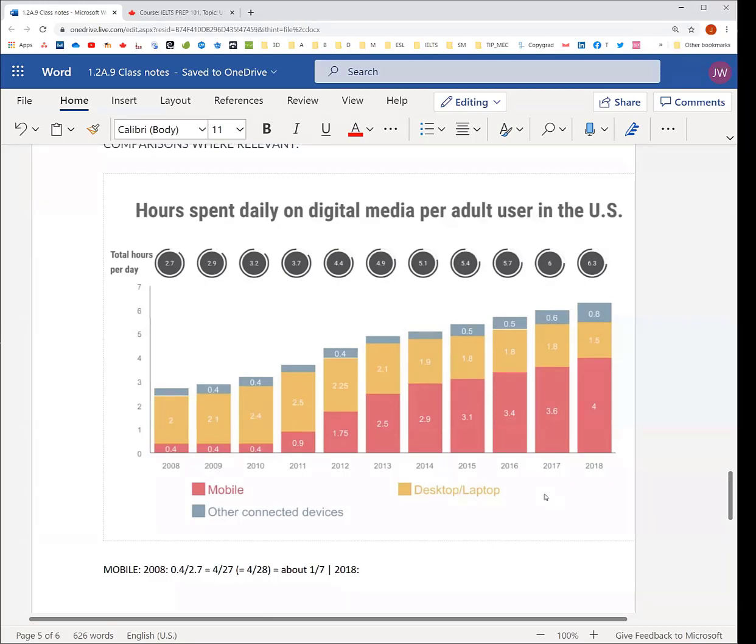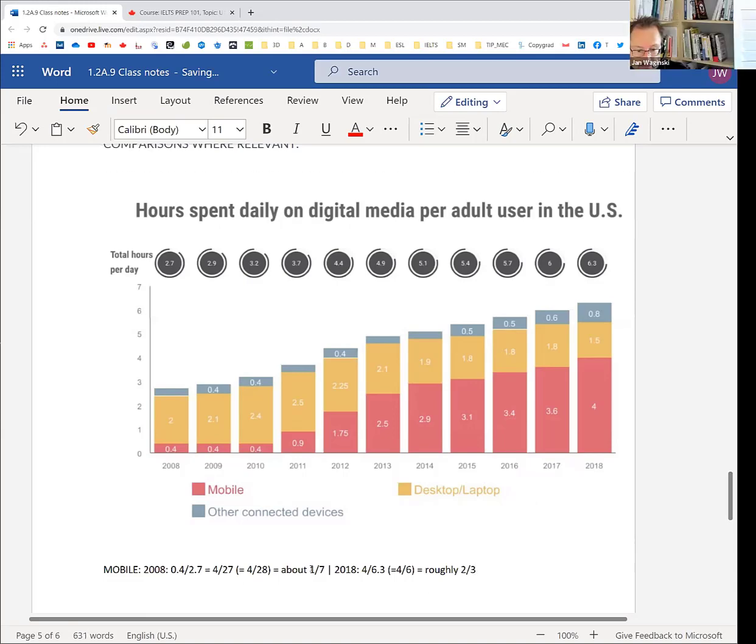It's 4 divided by 6.3. Yep. And we can round. Roughly 2/3. So it went from 1/7 to about 2/3.